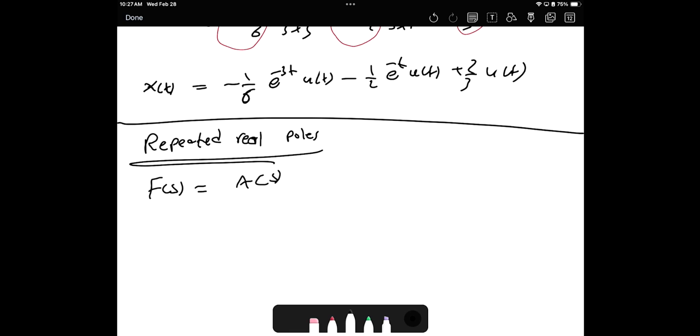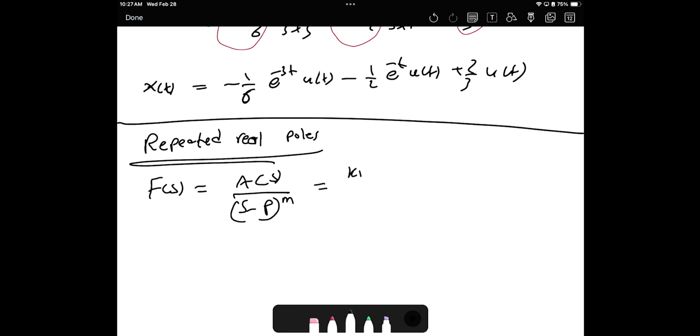If we have this function F(s) as A(s) over (s minus p) power n, assuming this root is repeated n times, it can be 2, 3, 4, etc., like (s plus 1) squared, or (s plus 1) cubed, or (s plus 1) power 4, whatever. So how can we do the partial fraction expansion?